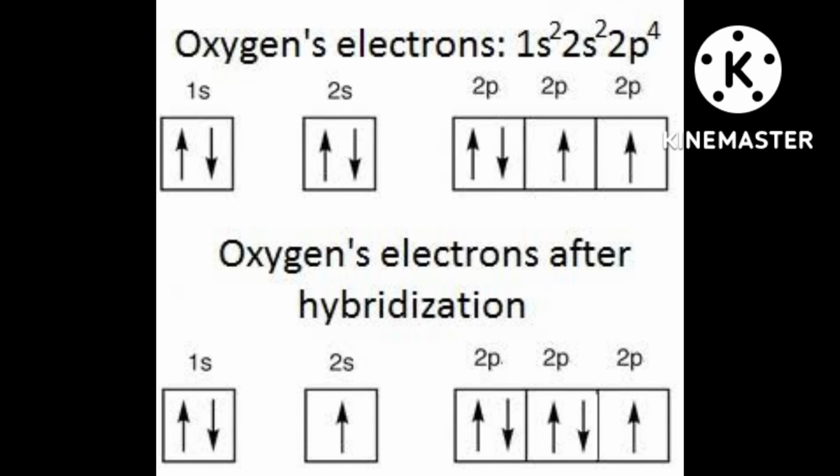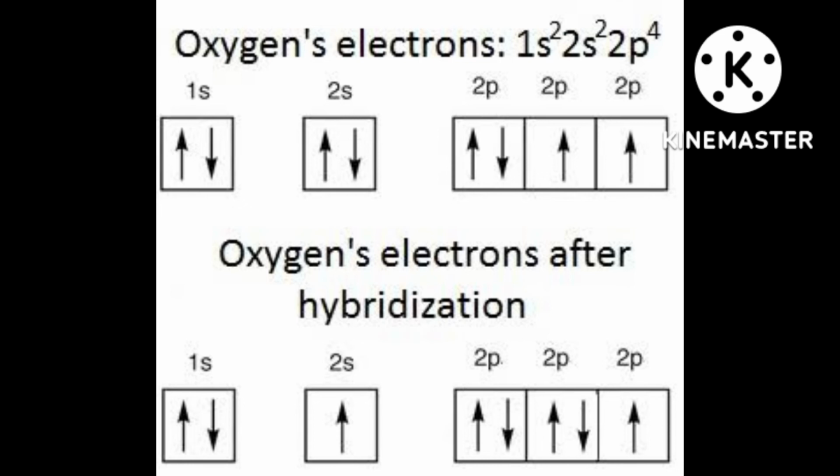As a result, boron has 3 unpaired electrons, 1 from S and 2 from P. These three orbitals, one 2s orbital and two 2p orbitals, hybridize to form 3 sp2 hybrid orbitals, total 3 sp2.